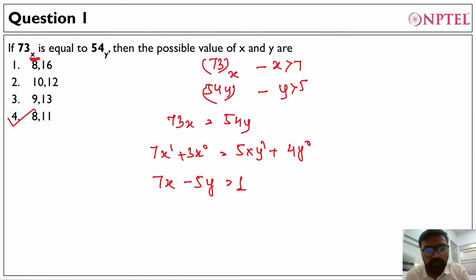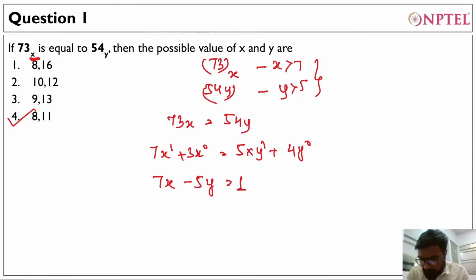Now what we have to do is see which of these options is correct. For that, we first follow the constraint that x is greater than 7 and y is greater than 5. All of these options actually follow this, so we cannot eliminate any of them. So we just put in the values, start with one of them, and see how it goes.